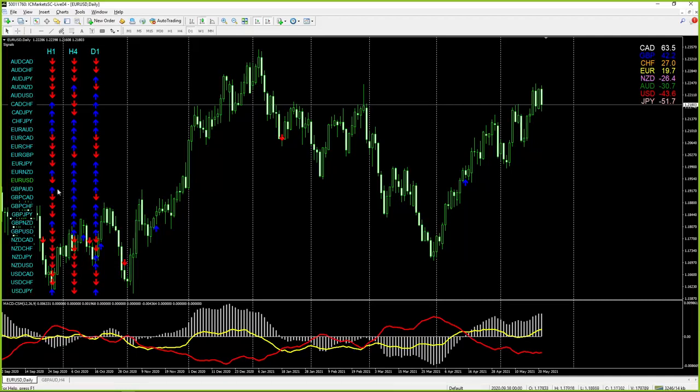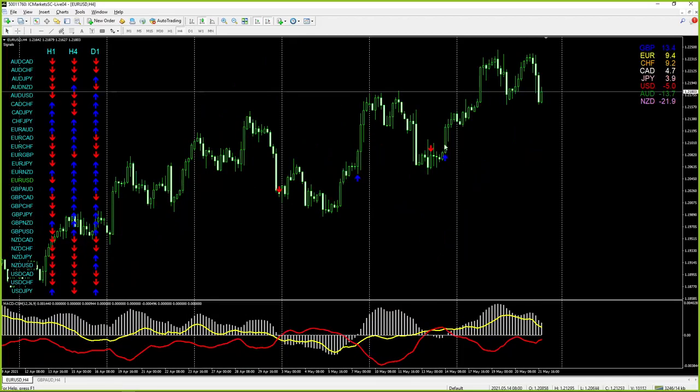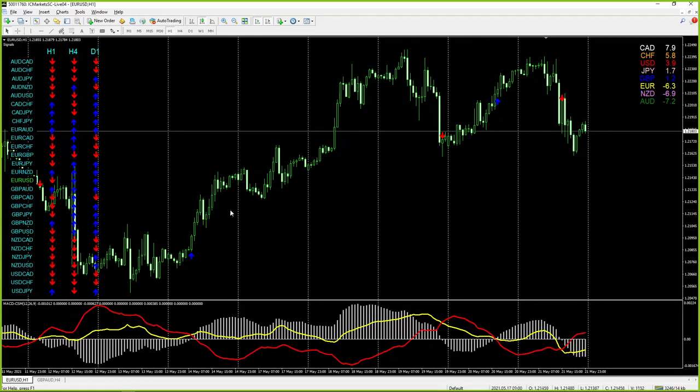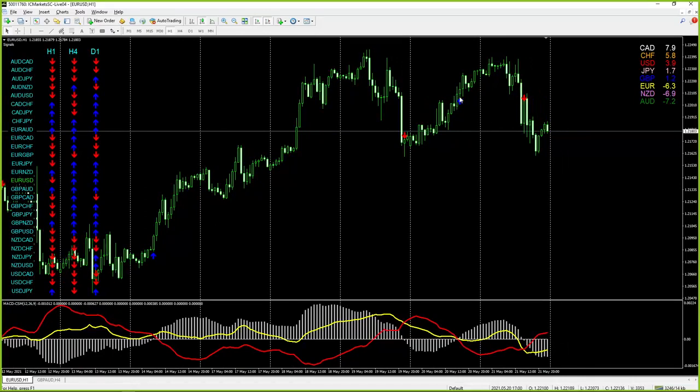The general trend on EUR USD is buy since last month. On H4 time frame, it was buy since last week. So on H1 time frame, we would only be looking for buy signals. This was last week already, last Friday. So this is the only buy signal we got for this week.